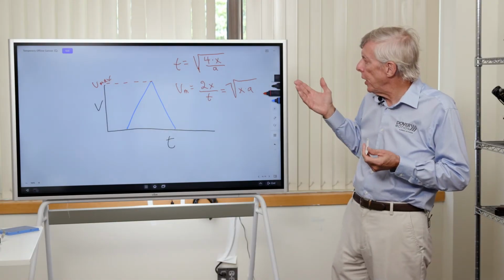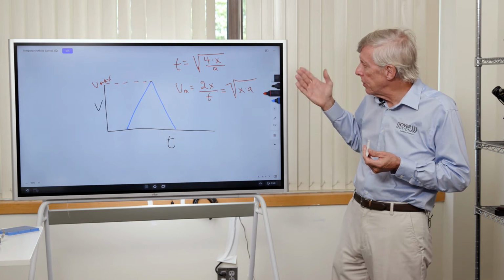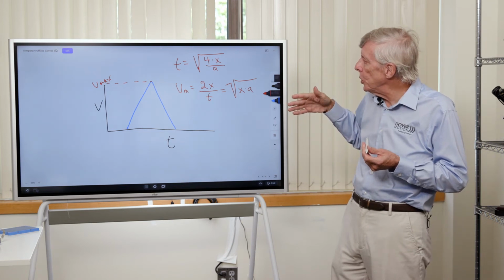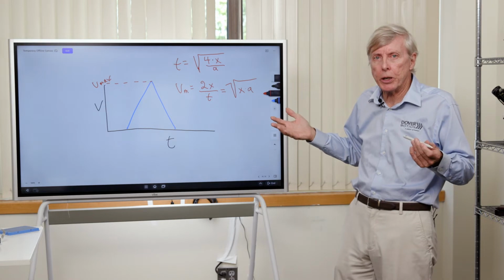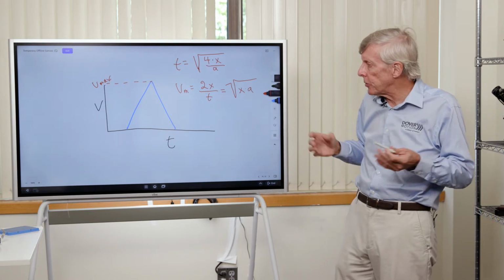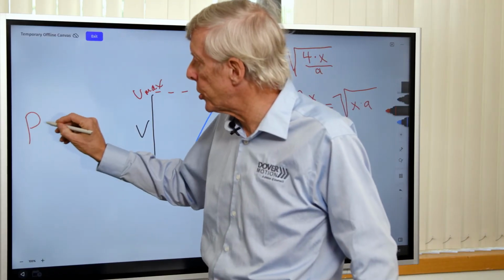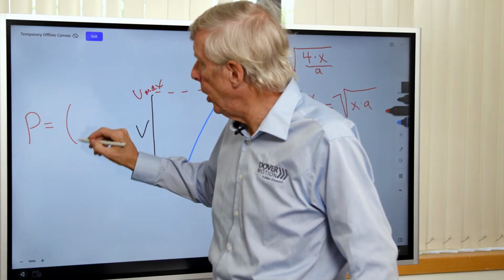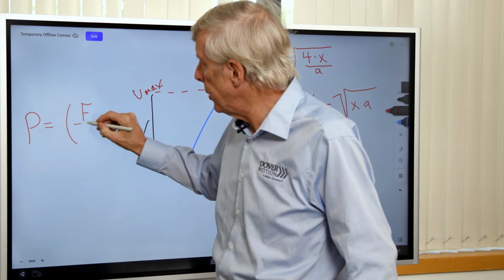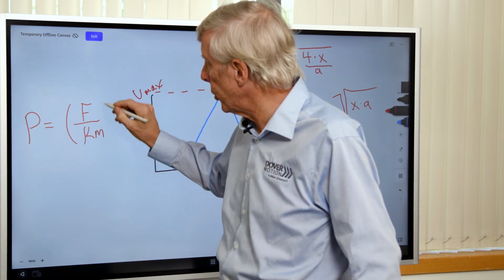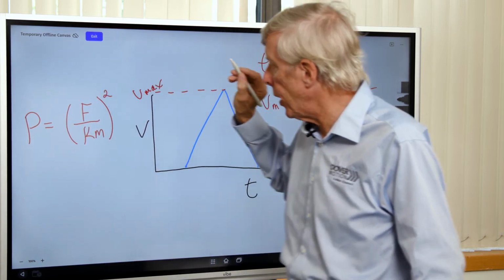But this also helps us through the next formula to think about the power that is being used here. And so for that, it's very helpful to point out that the power in a linear motor system is going to equal the force divided by a motor constant called K sub m, squared.